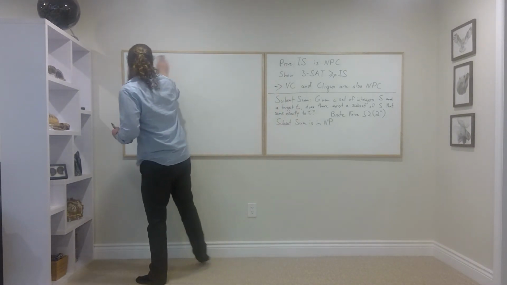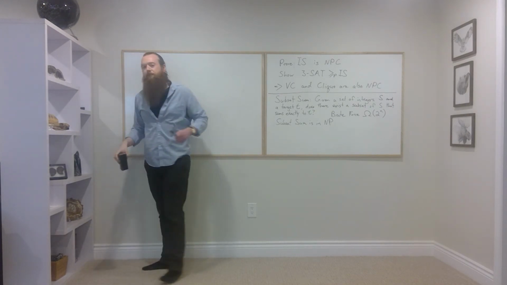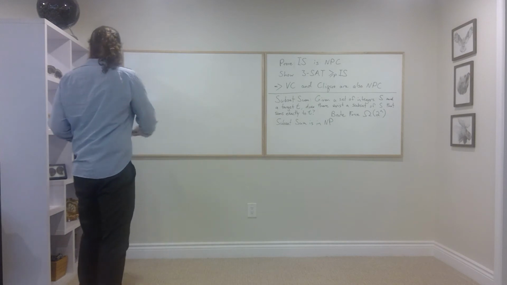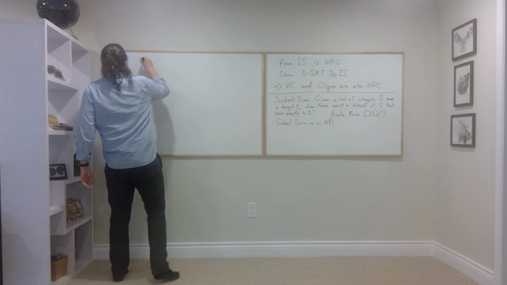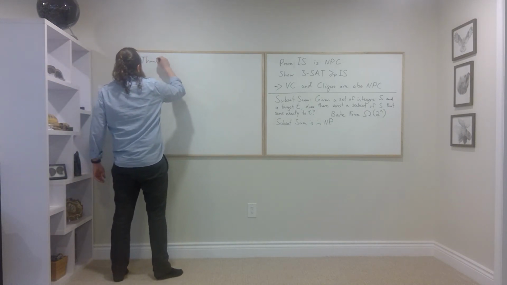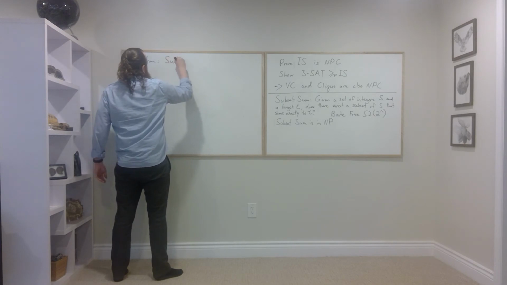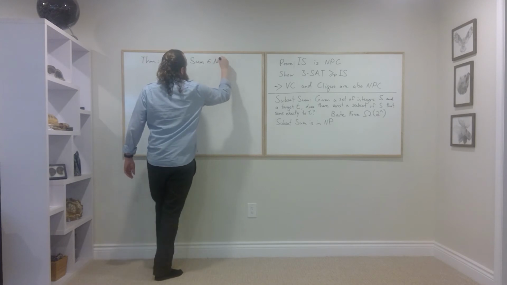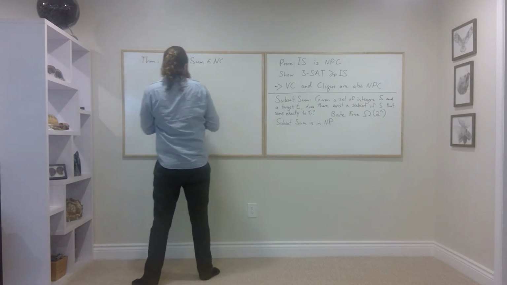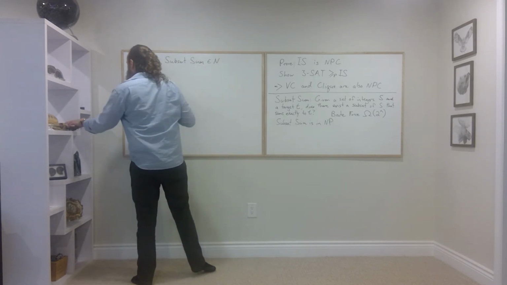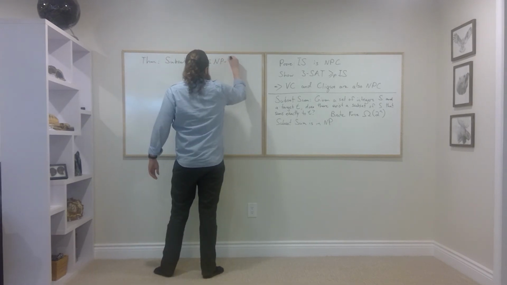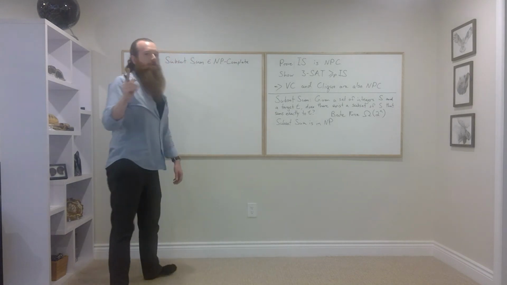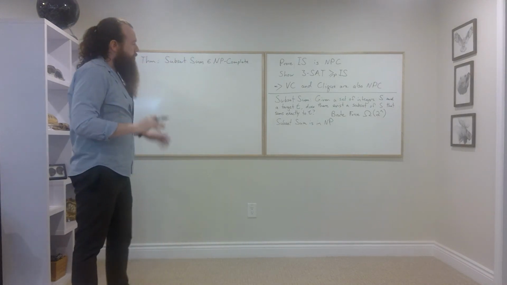Well, what do you think? If it wasn't NP complete, it'd be kind of weird for me to be bringing up this problem right now, specifically in this lecture. And it turns out, yes, subset sum is NP complete. However, I'm not going to show you the proof of that here.